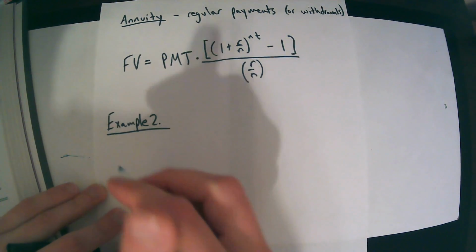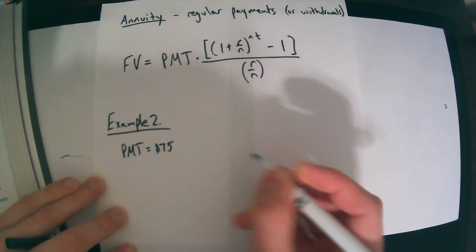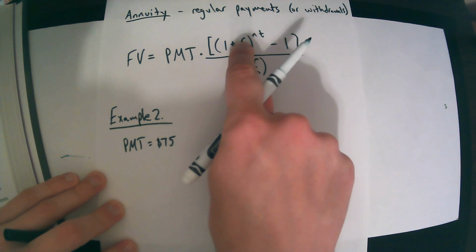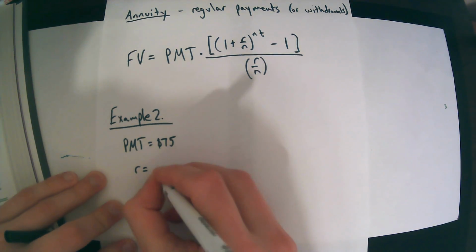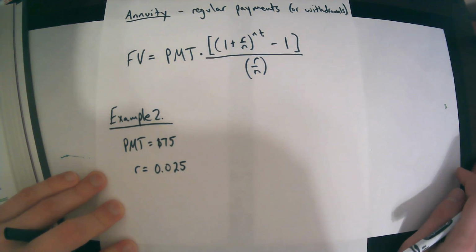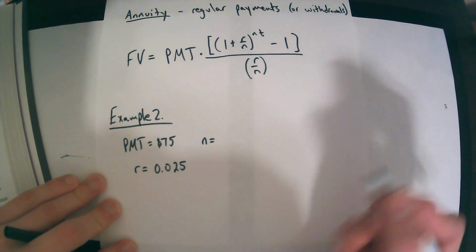So, what all do we have there? We have the payment is $75. We have APR, which is, remember, APR is going to be the little r, is 2.5%. That's going to be 0.025. N is going to be 12 because he's depositing his money monthly.